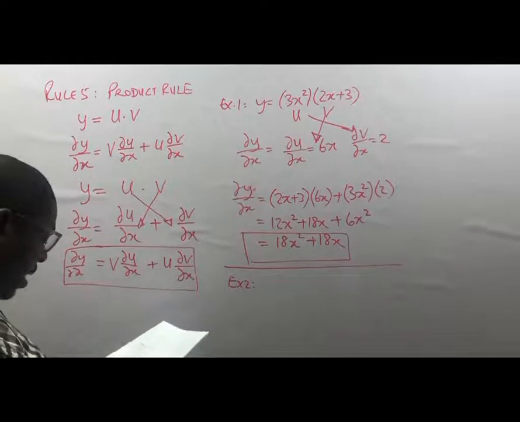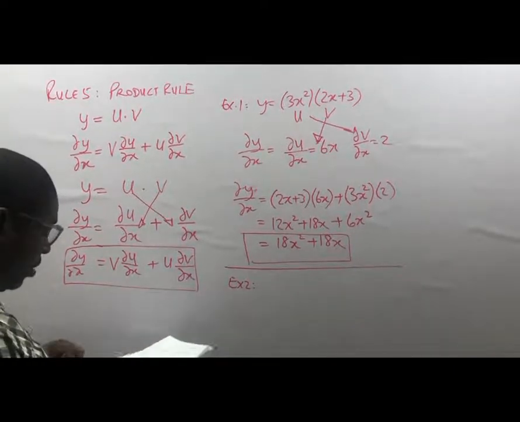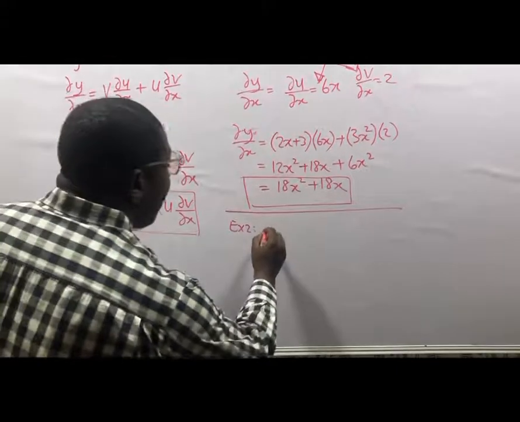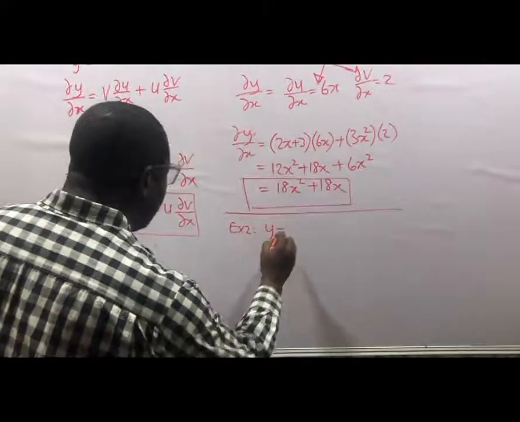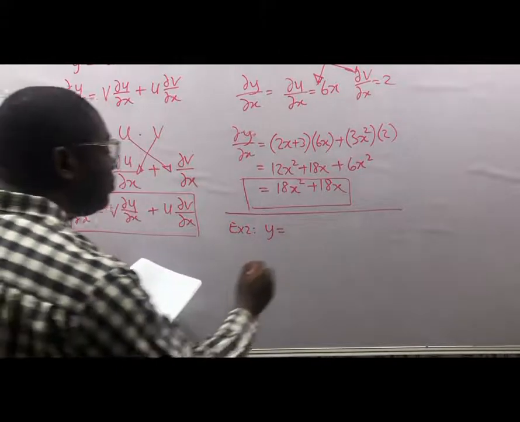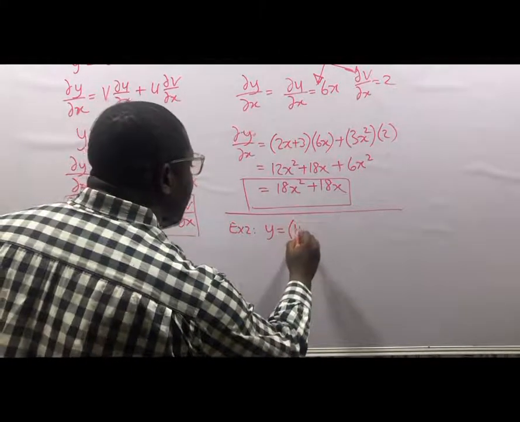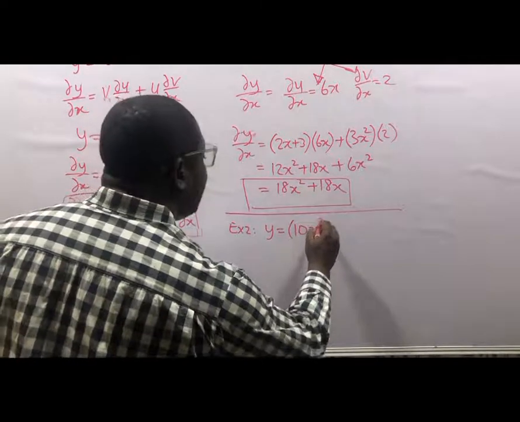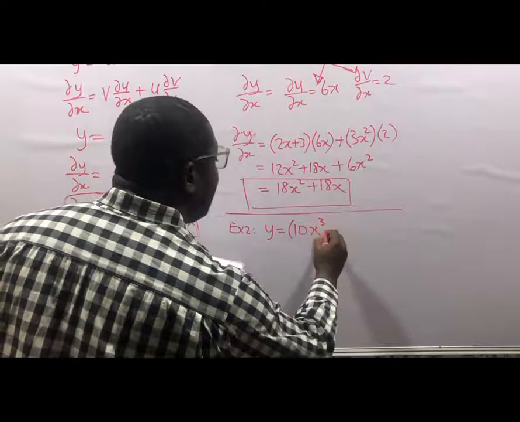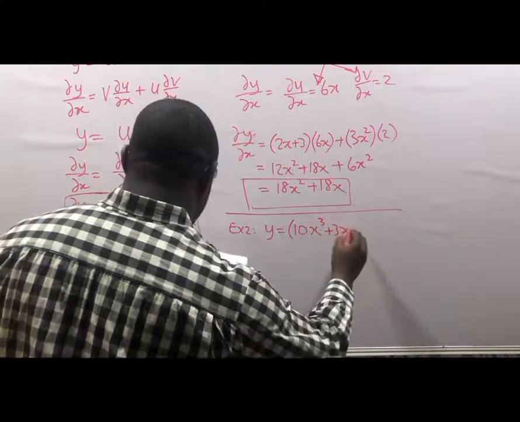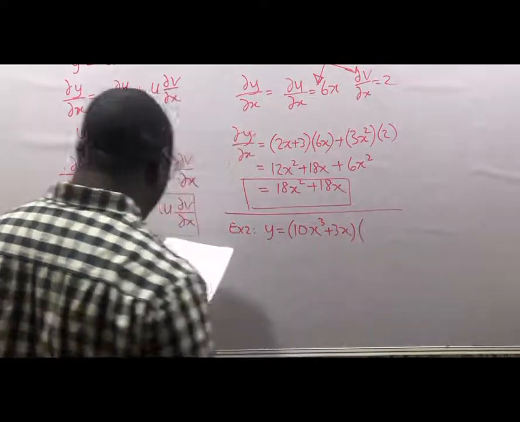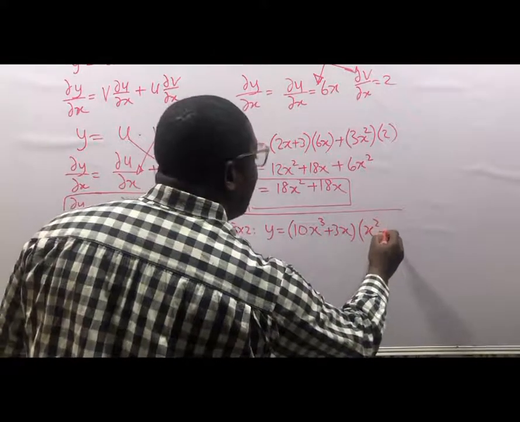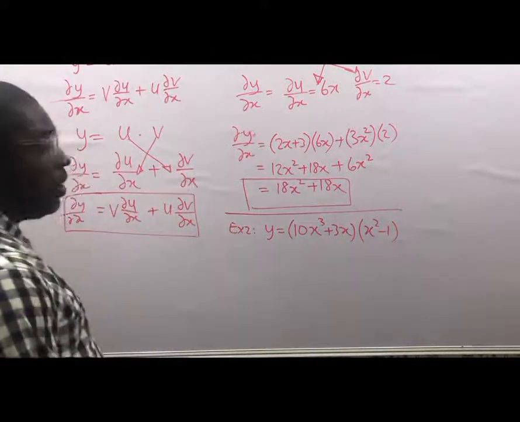The example I have here is y is equal to 10x raised to the power 3 plus 3x, close bracket, and open bracket x squared minus 1. So this is what we have.